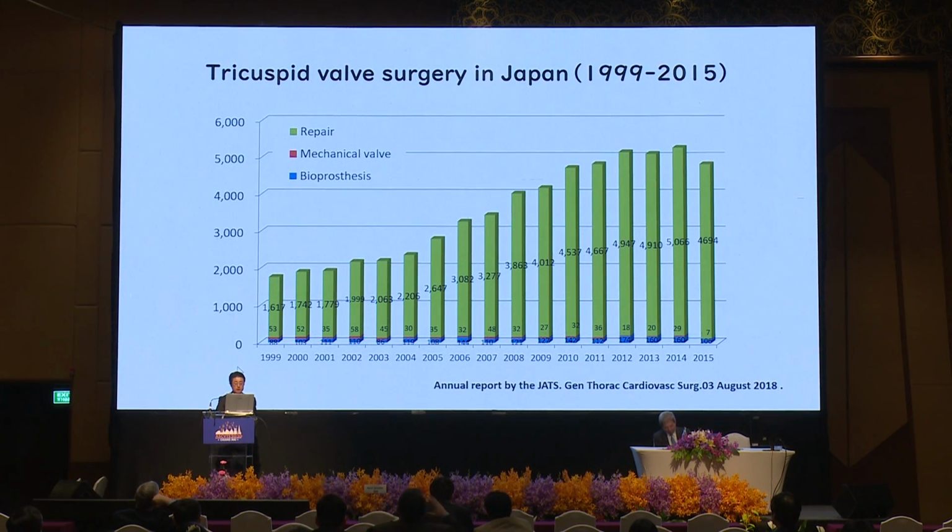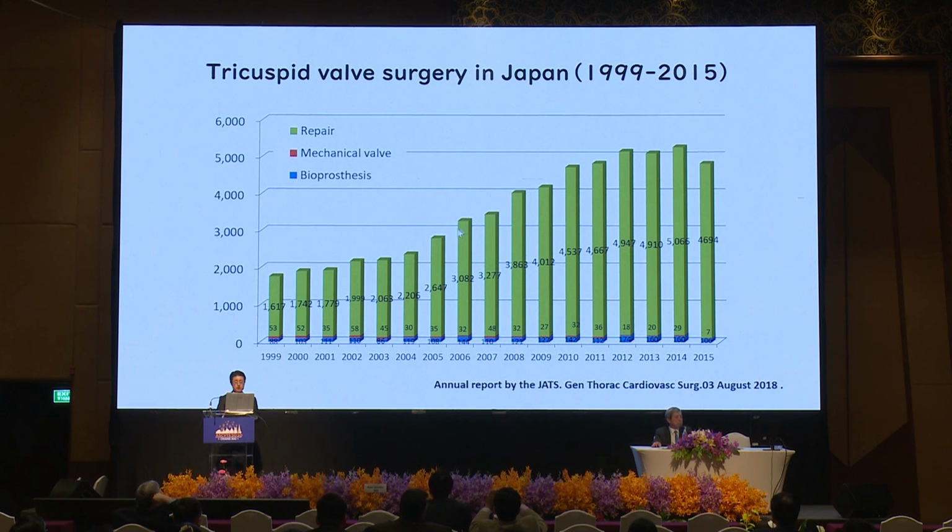This slide shows the number of tricuspid valve surgeries in my country in the last 15 years. As you can see, in the last 10 years, the number of tricuspid valve surgeries has been increasing. It has now plateaued around 5,000 cases per year.